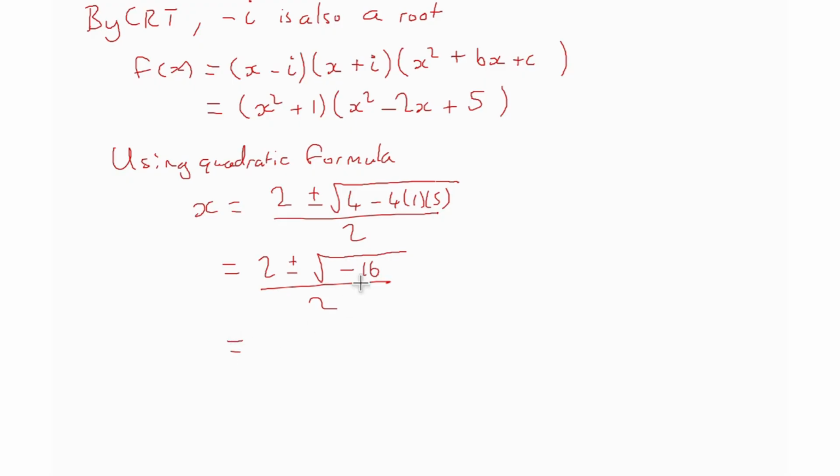So that means we're dealing with complex roots. So we've got 2 plus or minus the square root of 16 is going to simplify down to 4i over 2, which is 1 plus or minus 2i.